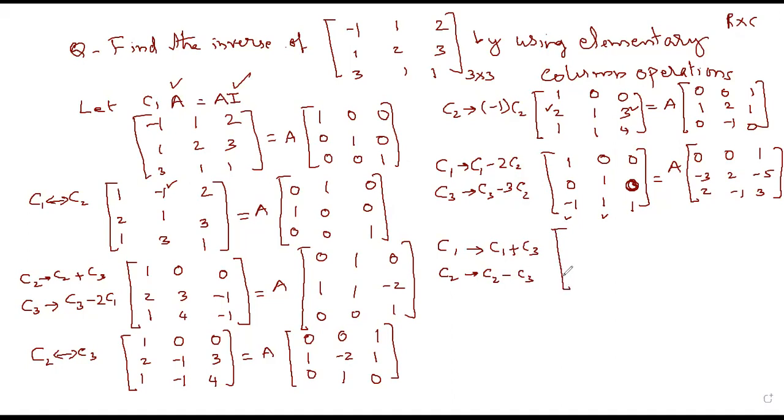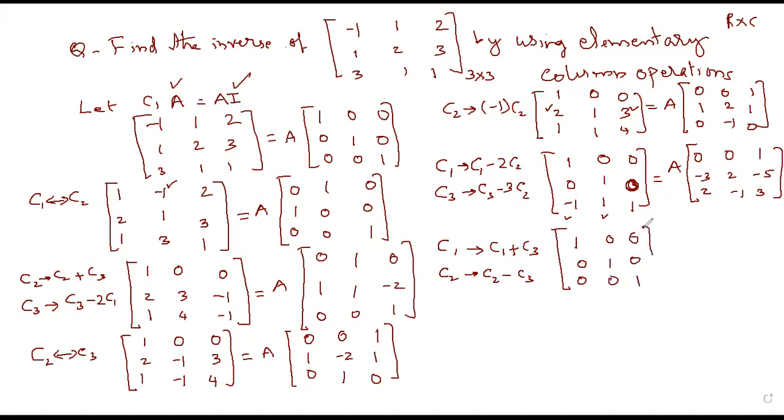First column, add the third column. 1 plus 0, 1, 0 plus 0, 0, minus 1 plus 1, 0. And C2 minus C3, 1 minus 0, 1, 1 minus 1, 0, and 0, 0, 1.